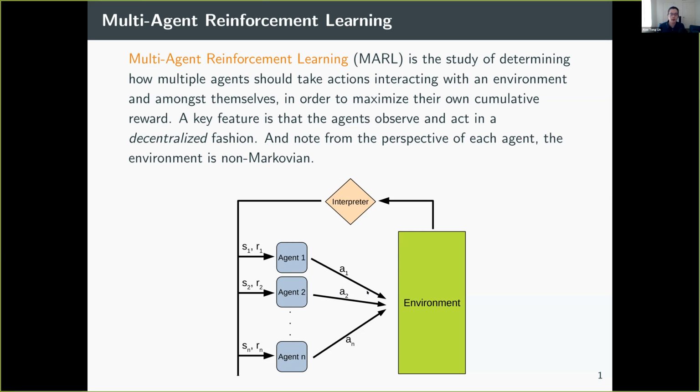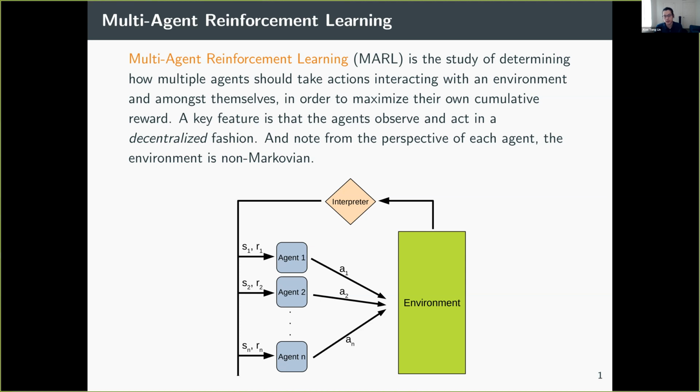These actions go through the environment, and the interpreter takes this effect and gives the agents each their own states and rewards. A key feature of this is that everything is decentralized. Agent 1 receives S1, R1, agent 2 receives S2, R2, etc. Basically each agent is only able to see its own local observation. So that's a key feature.